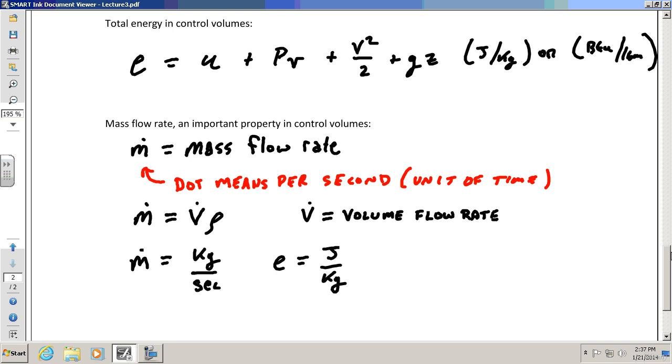It's pretty clear when I do m dot e, if I multiply those two things together, something kilograms per second multiplied by something joules per kilogram, I get joules per second, right? Which is the same thing as a watt. So if you take the mass flow rate and you multiply it by the energy, you get a power.